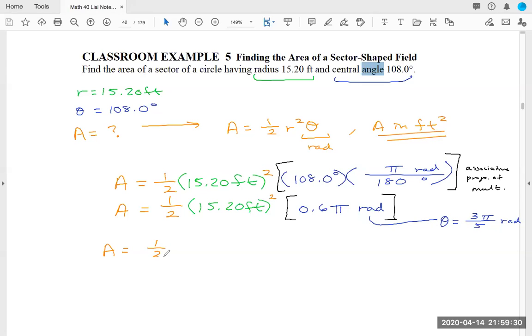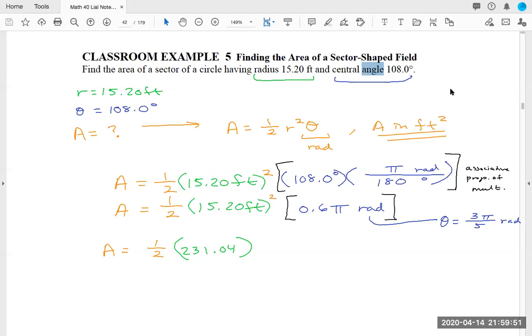We have 1/2, and then we're going to go ahead and square the 15.20. That gives us 231.04.